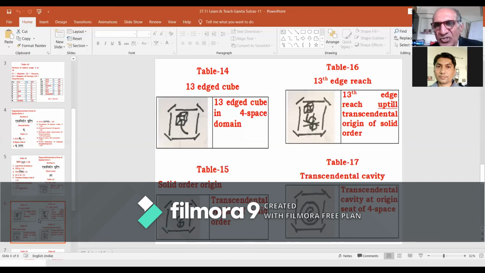Table 16 is taking us a step ahead as that the 13th edge of cube within four space domain will extend and will have a reach up till the transcendental origin of the solid order.